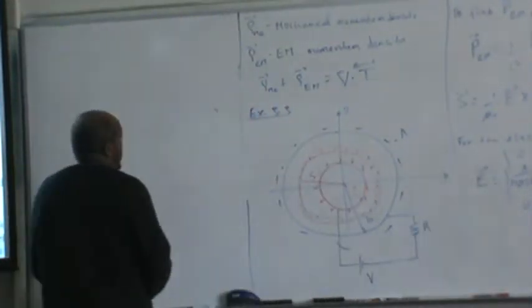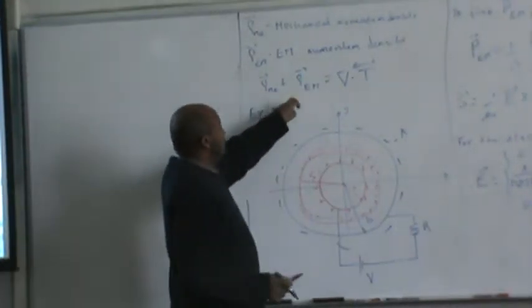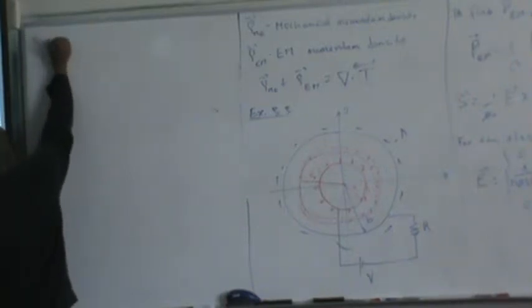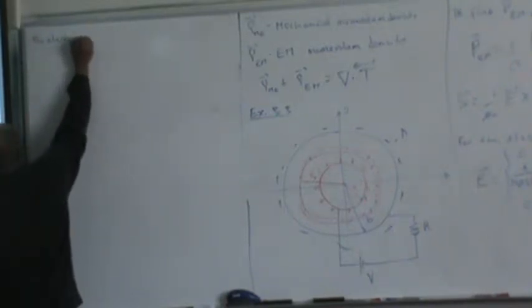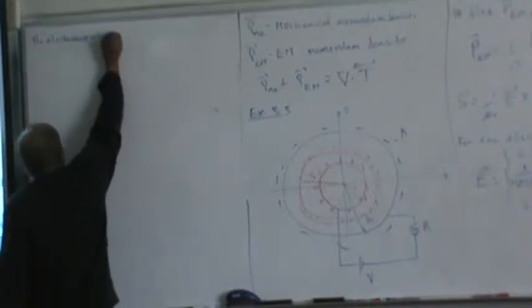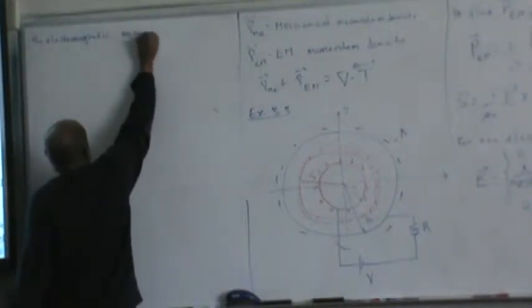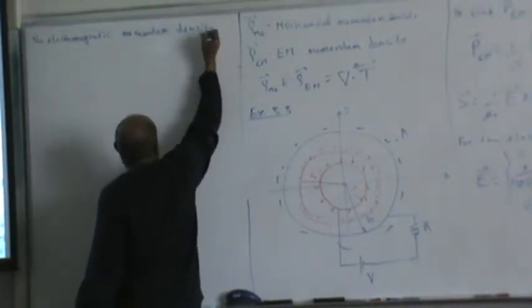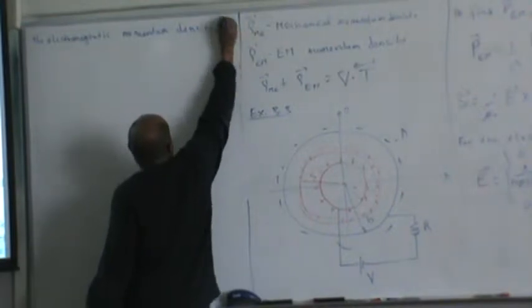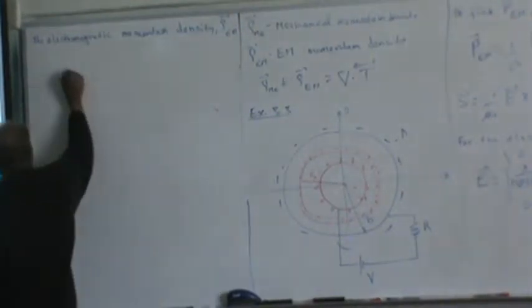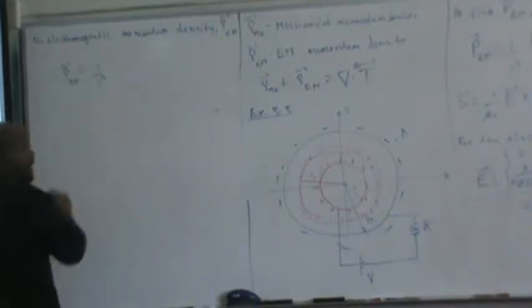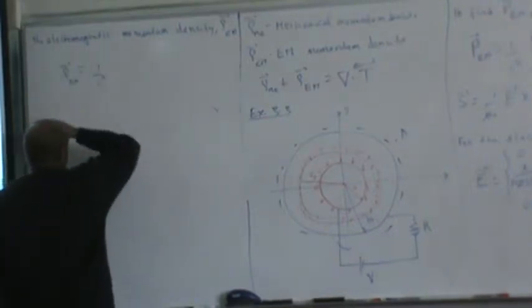So we know that the electromagnetic field momentum density rho em is just 1 over c squared times what?